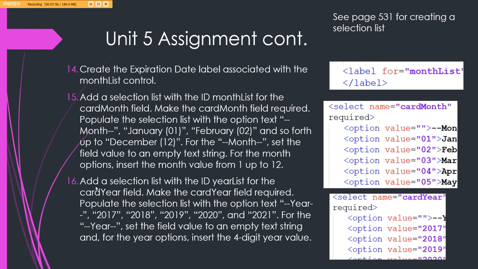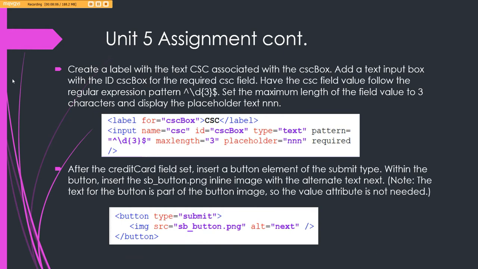And then they're going to have a selection list for the card year. So they'll choose a month and they'll choose a year. Then you're going to create a label with the text CSC associated with the CSC box. Add a text box with the input CSC box and the required CSC field.